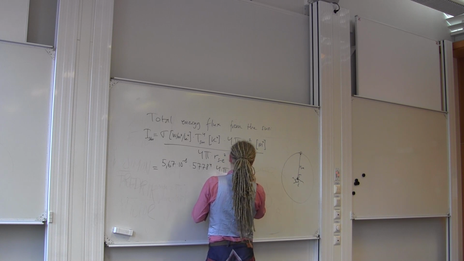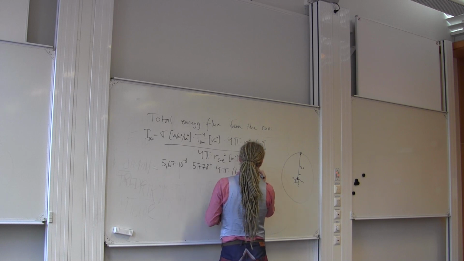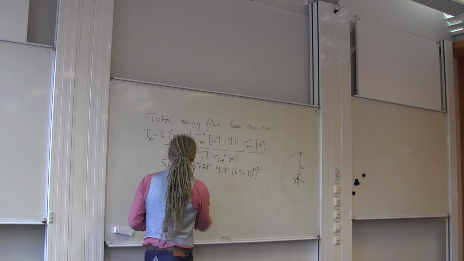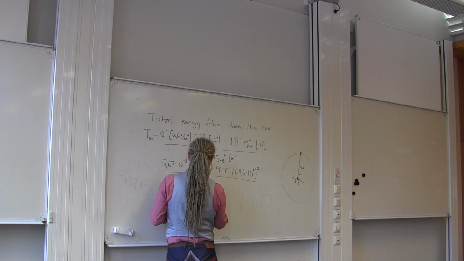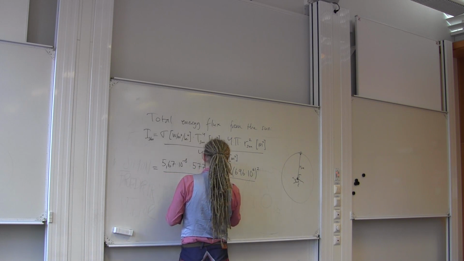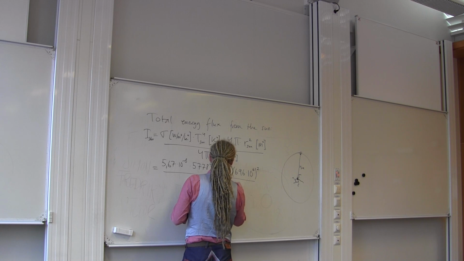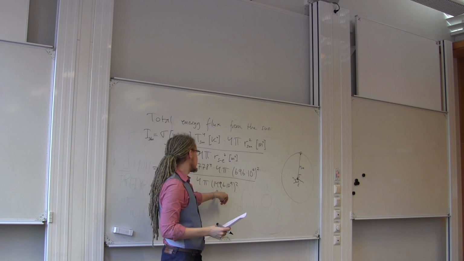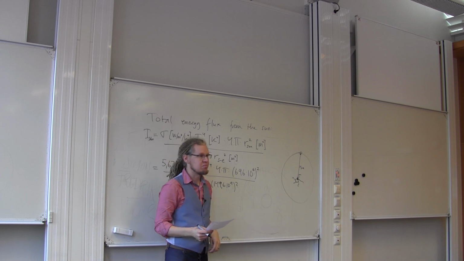So we have 696,000 kilometers, to the power of 6 meters. So we get it in meters, right? Squared. And then the distance, sorry. The distance from the sun to the Earth was 149 billion meters, right?